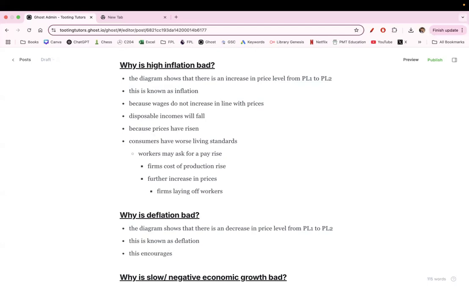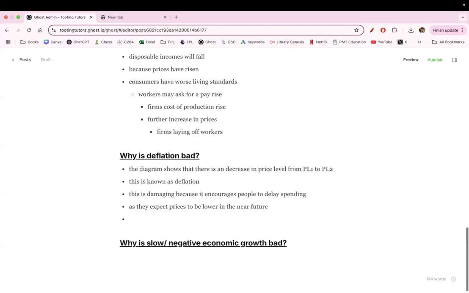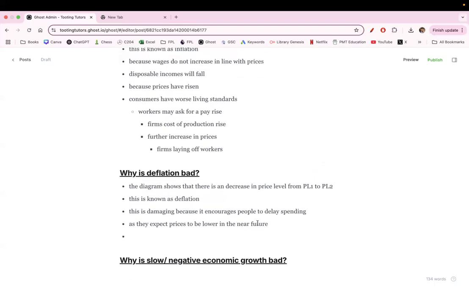So this is bad because it encourages people to delay spending as they have expectations to expect prices to be lower in the future.